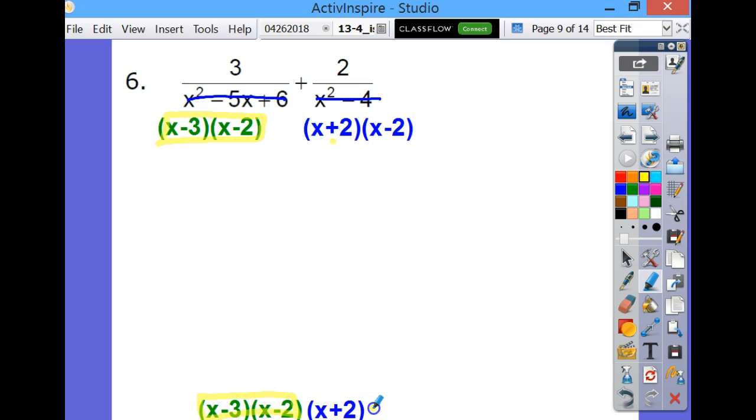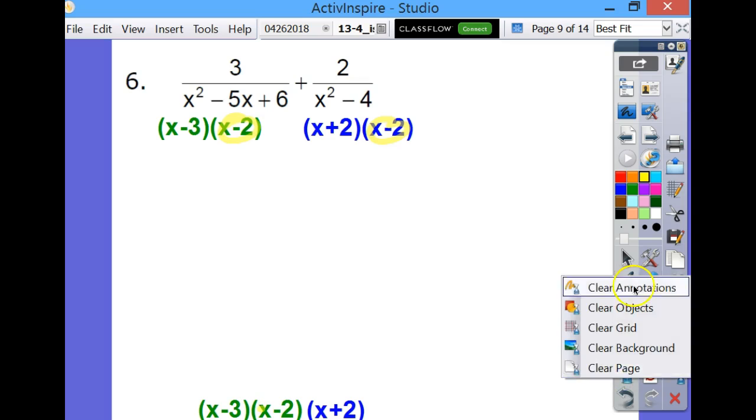So I need an x plus 2. Do I already have an x minus 2? I already have it, so I don't need another one. That is my common denominator. This is in there in both terms. I don't need to repeat it because it's already in here once.